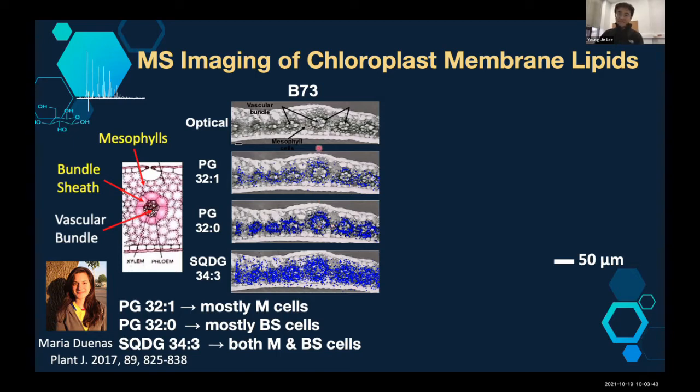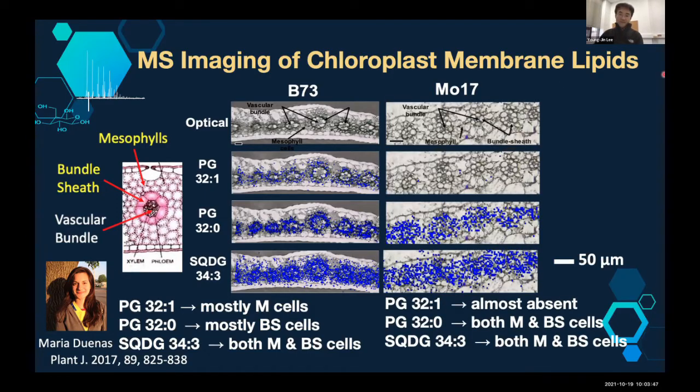And this is B73. When you look at Mo17, they have a very low abundance of PG 31, but PG 32 is more or less homogeneous. So using mass spec imaging, we can tell not only cellular heterogeneity directly from tissues, but also genotypic differences.